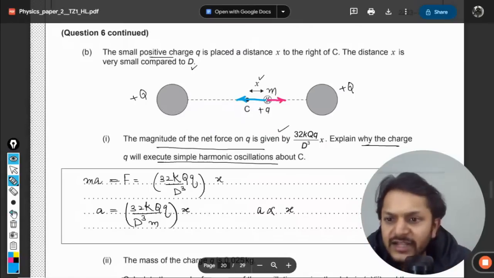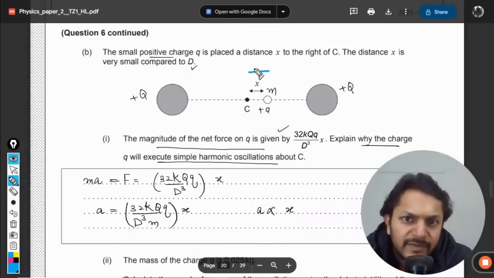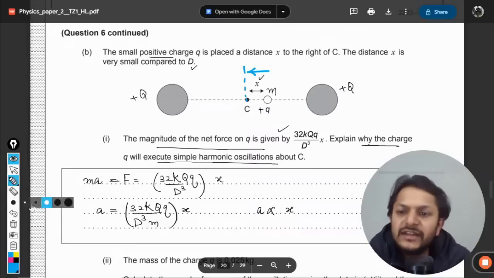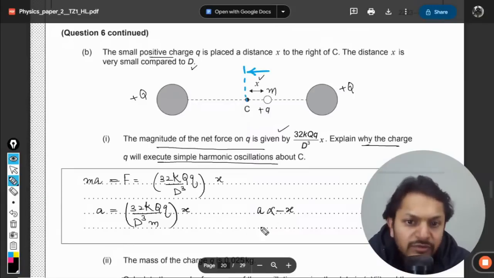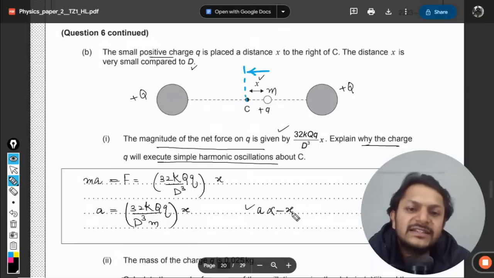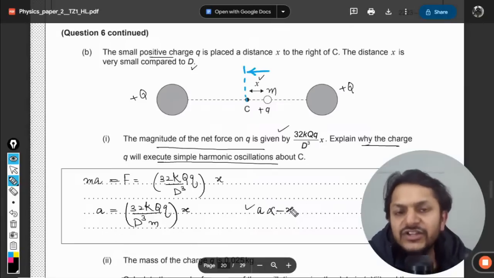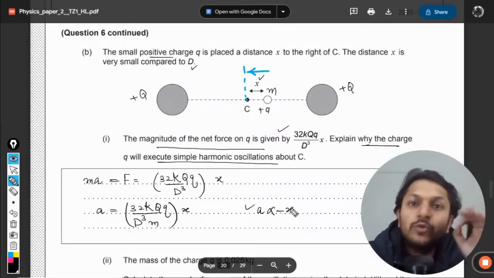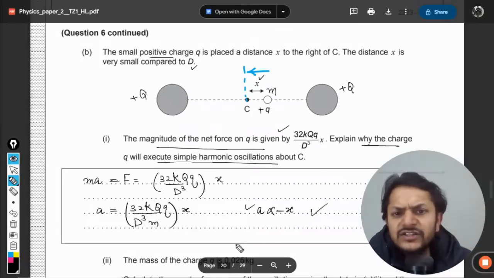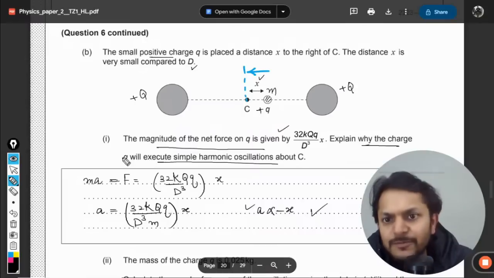So there is a net force in the right hand side direction, which is towards the mean position. So definitely there is a negative sign also involved here. So we can say that this is the necessary and sufficient condition to prove that the motion will be a simple harmonic motion. So this condition is fulfilled, and we can clearly say that yes, this charge will be executing simple harmonic motion.